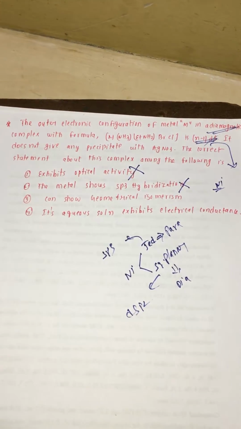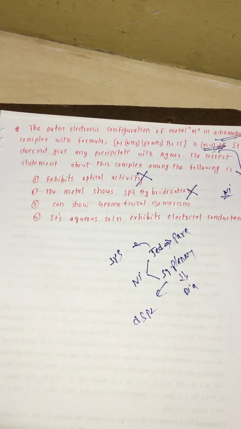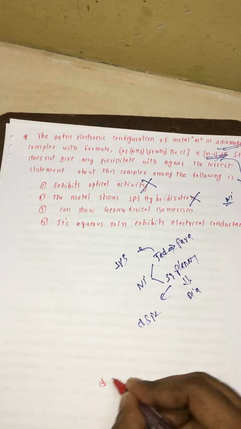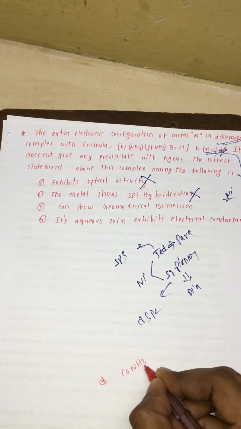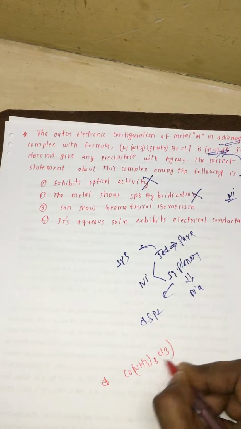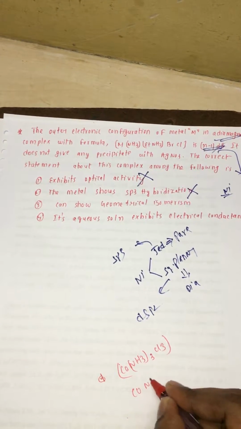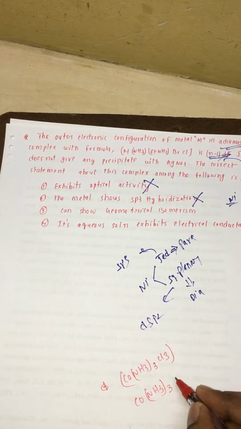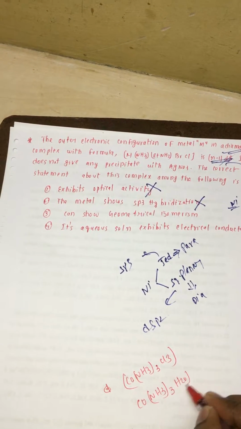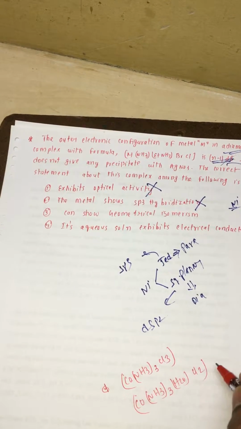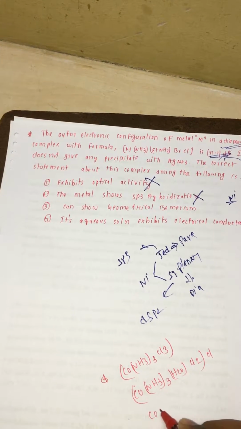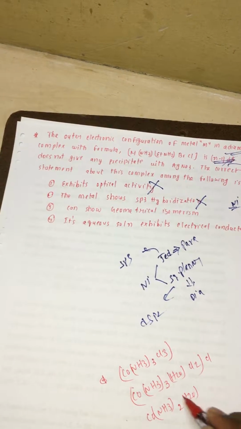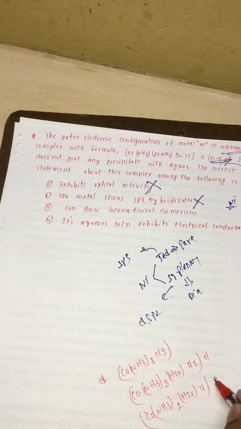In its aqueous solution, it exhibits electrical conductance. So we'll take some examples here. We have Co(NH3)3Cl3, Co(NH3)3(H2O)Cl2 Cl, and Co(NH3)2(H2O)Cl Cl2.